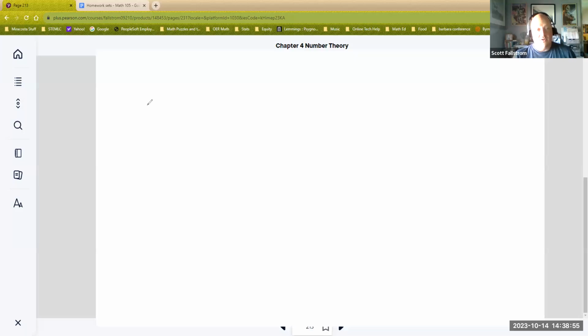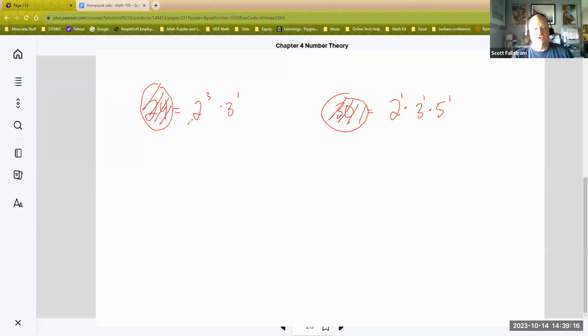So what we said earlier is 24 is equal to 2 cubed times 3 to the first. Now 30 was equal to 2 times 3 times 5. If we were to write those out, each would have an exponent of 1. So now instead of looking at the number, we're going to ignore that number temporarily and just look at the prime factorization.